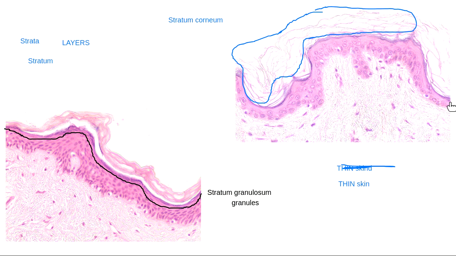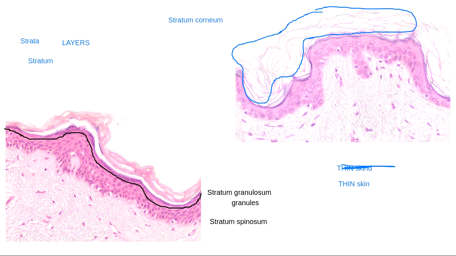Underneath stratum granulosum, see my cells that are underneath it, mixed in here? I'm going to switch to the other picture. Those cells that I see right here underneath stratum granulosum are in what we call stratum spinosum.